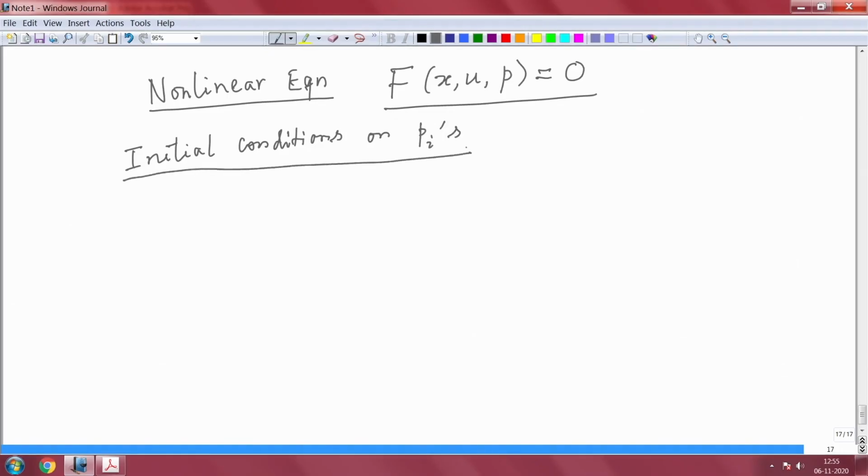They are assumed in the form x 0 s, s is a parameter on the surface, and u 0 s and then p 0 s.